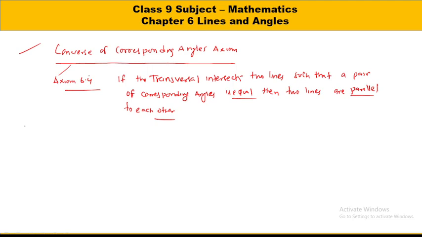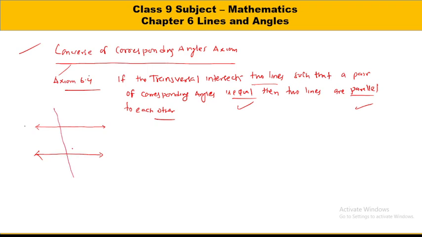So here two lines are there, and a transversal intersects these two lines, and if you find a pair of corresponding angles are equal, then the two lines will be parallel to each other. That is what we find here. Let us say these two lines are there. It is unknown whether these two lines are parallel or something else.